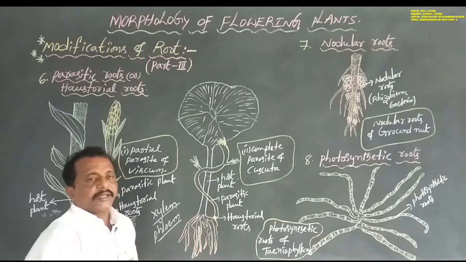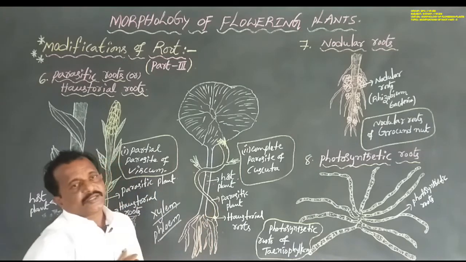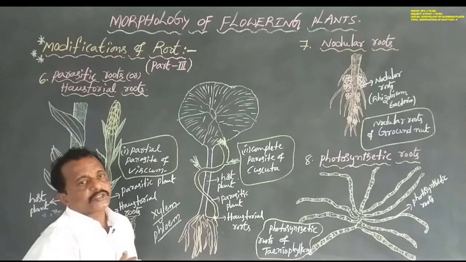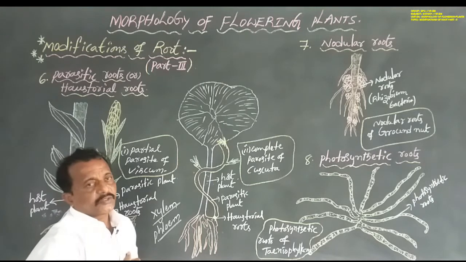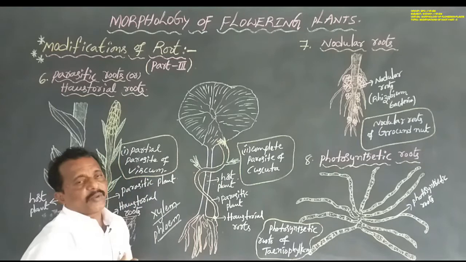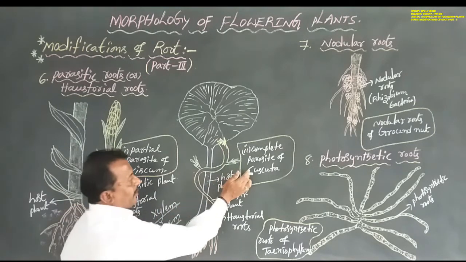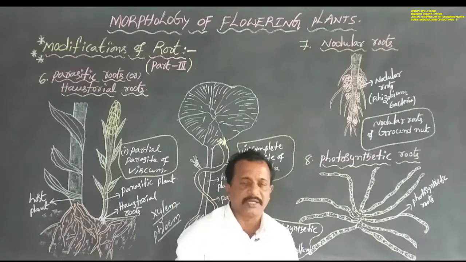So to get water and mineral nutrients as well as food materials, they depend on the host organism. This is also known as complete parasitic plants or complete parasitic roots. The best examples are Cuscuta and Rafflesia.